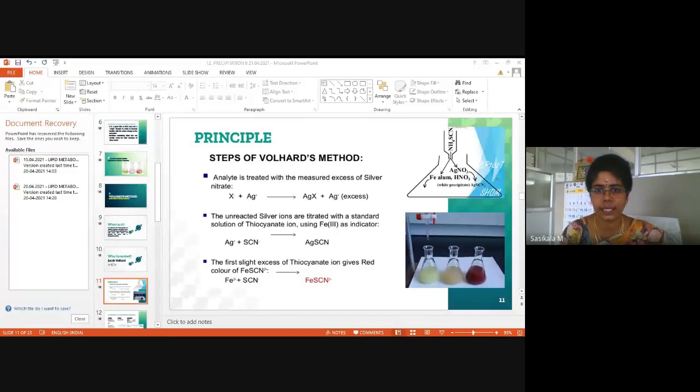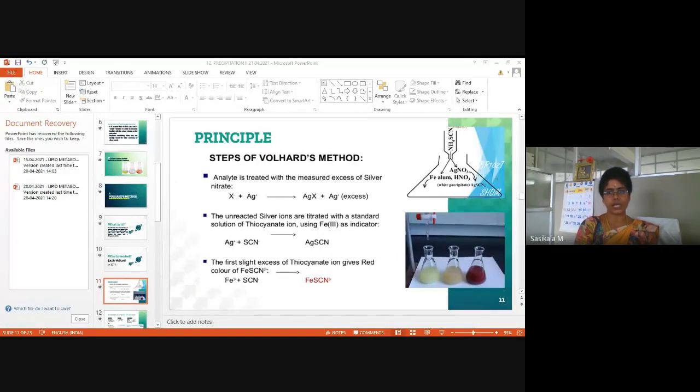So what is the indicator used for Volhardt's method? Ferric alum, or ferric ammonium sulfate. The ion there is sulfate ion. In what pH range is the titration carried out for Volhardt's method? Why do we need to add nitric acid?